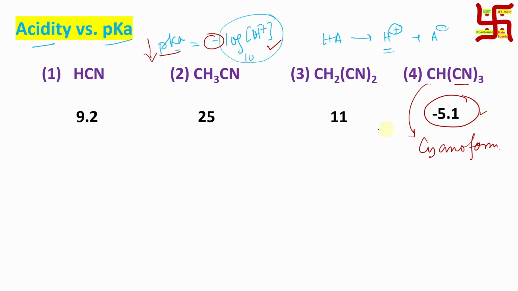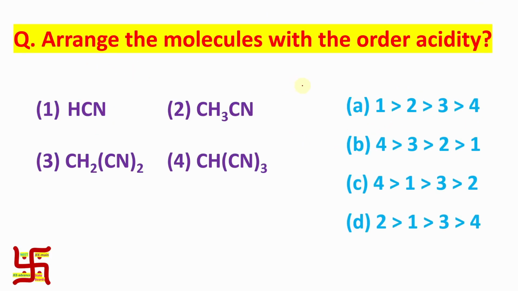Next, the next position goes to HCl, and after that this trend follows: 25, 11, and 5.1, so a similar trend is followed. So we conclude the order: 4 greater than 1, greater than 3, greater than 2. So 4 is maximum acidic.